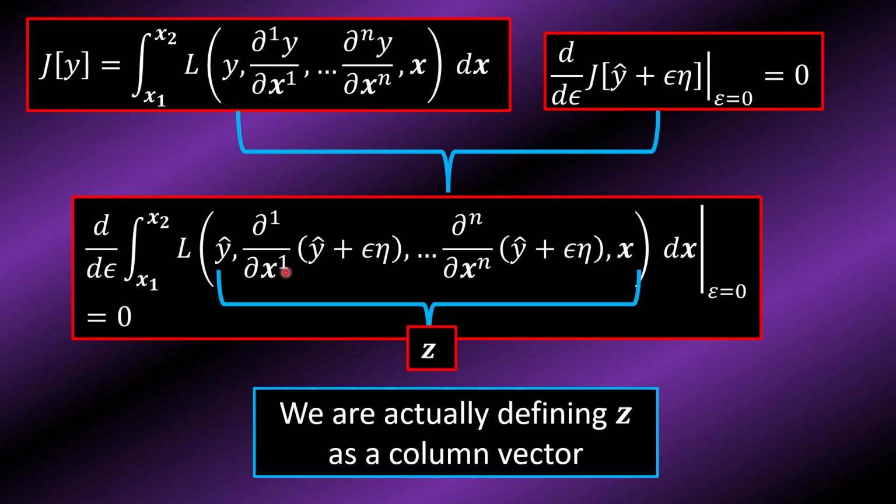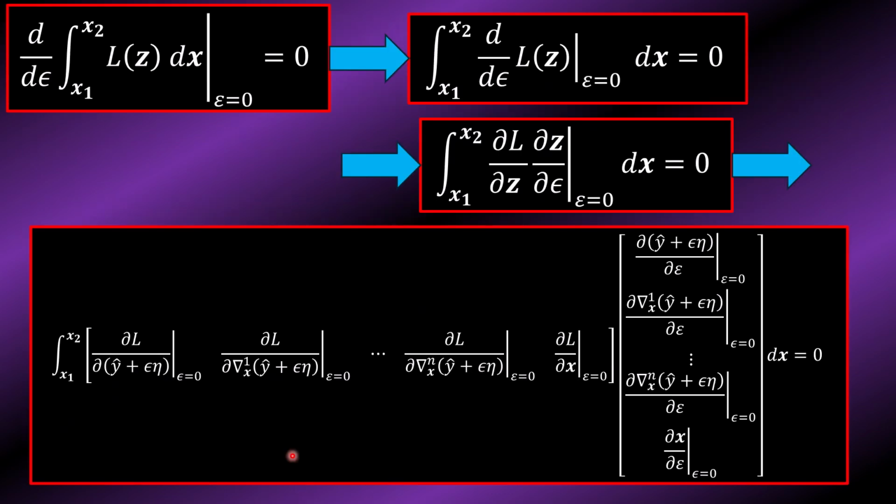That's an important distinction that will come in handy soon. And now we can aggregate all of that as a z column vector, evaluated at epsilon equals 0.